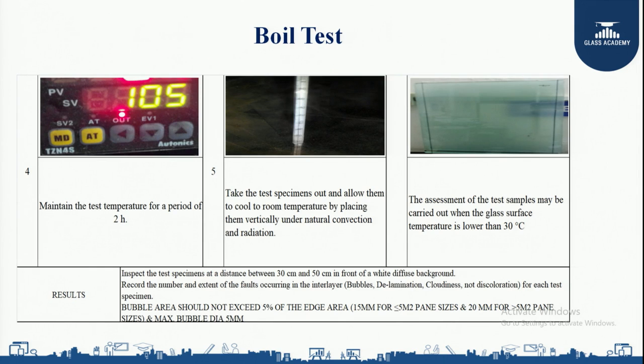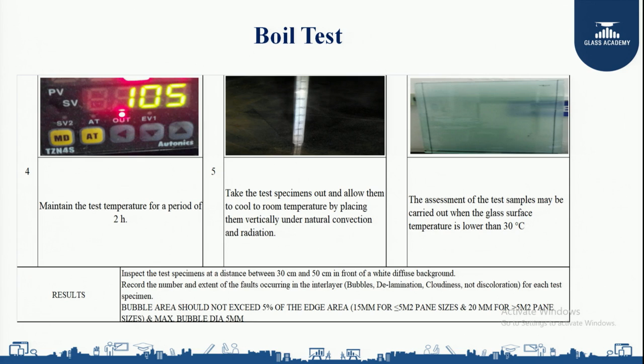How do we need to observe or make a conclusion? The assessment of the test samples may be carried out when the glass surface temperature is lower than 30 degrees centigrade. And how are we going to conclude and give the result? Inspect the test specimen at a distance between 30 cm and 50 cm in front of a white diffused background.